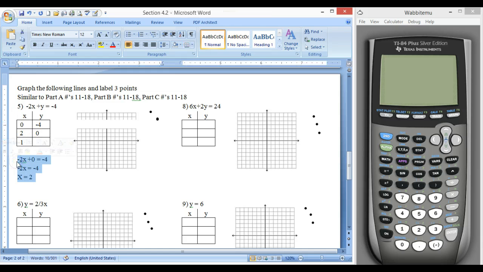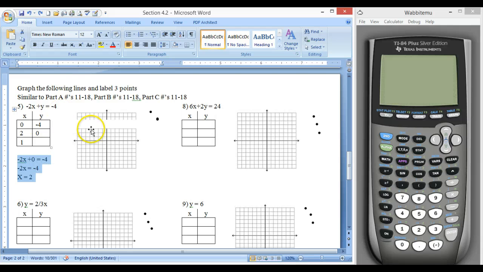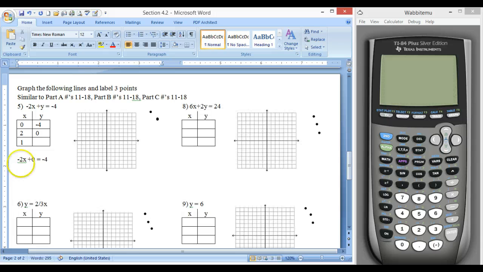And let's delete those. Get us back on track. Okay, and the last one we're going to plug in a 1 for x. Don't forget parentheses. -2 times +1 is -2.